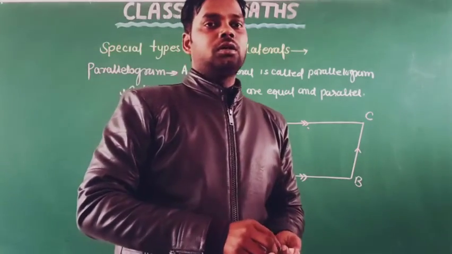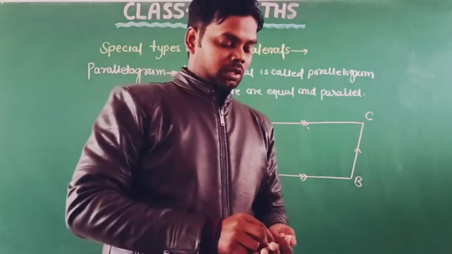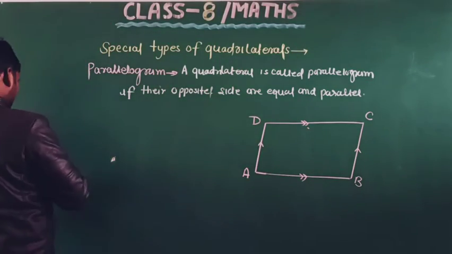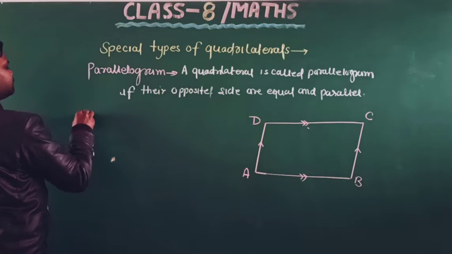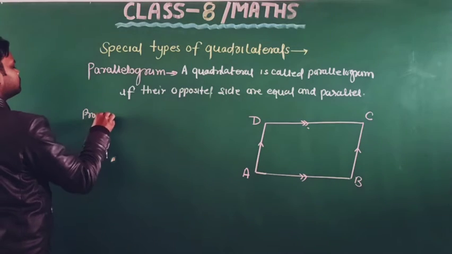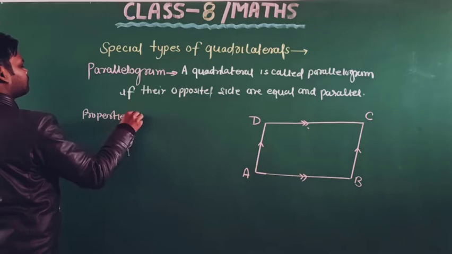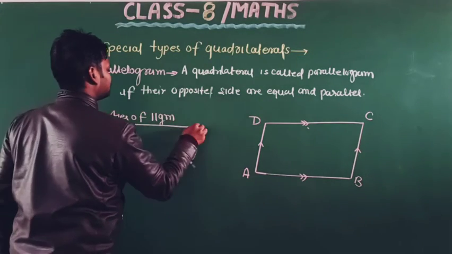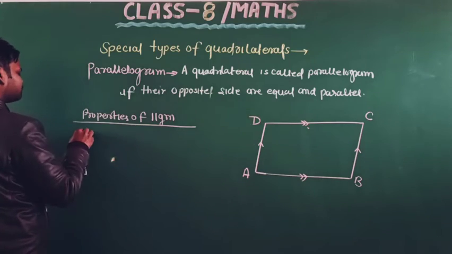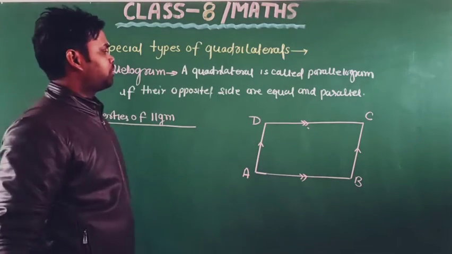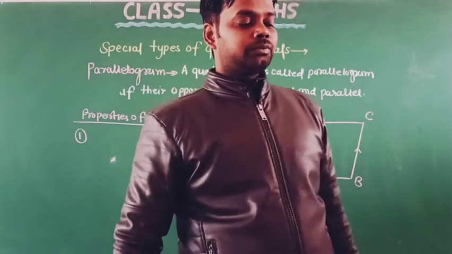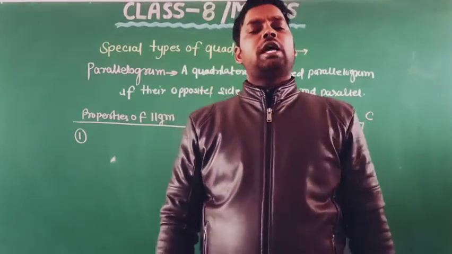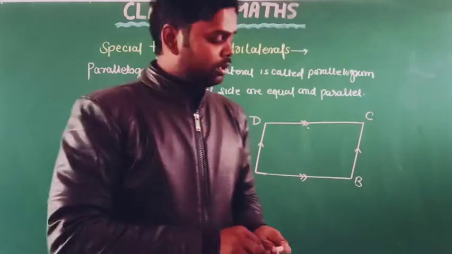Okay, and now its properties. The properties of parallelogram. So the first property of a parallelogram is the opposite sides are equal and parallel.